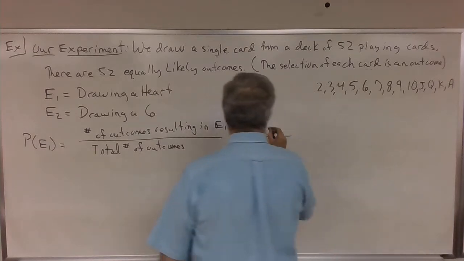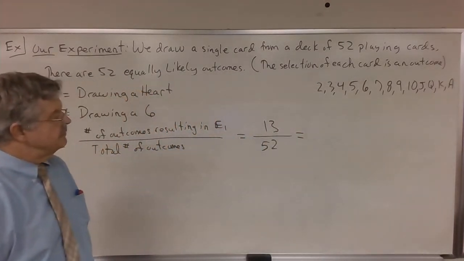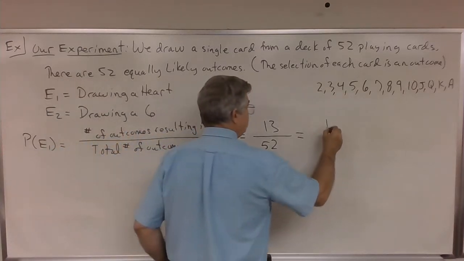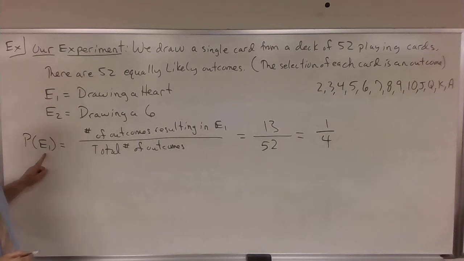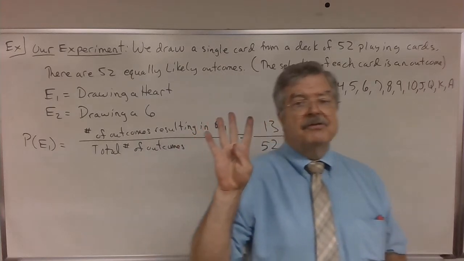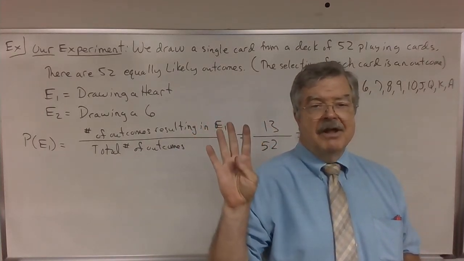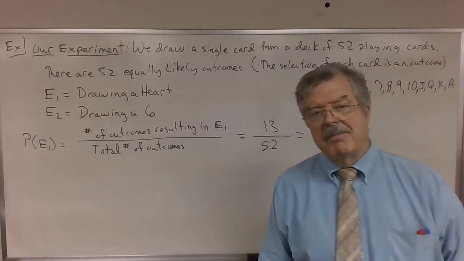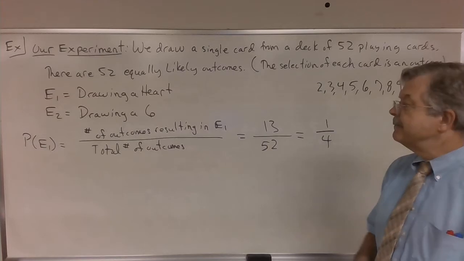There are 13 different outcomes that result in getting a heart. And when we reduce this, the probability of getting a heart turns out to be 1/4, which doesn't surprise us. There are 4 suits of cards: hearts, diamonds, spades, clubs. So the probability of drawing a heart we would expect would be 1 out of 4.